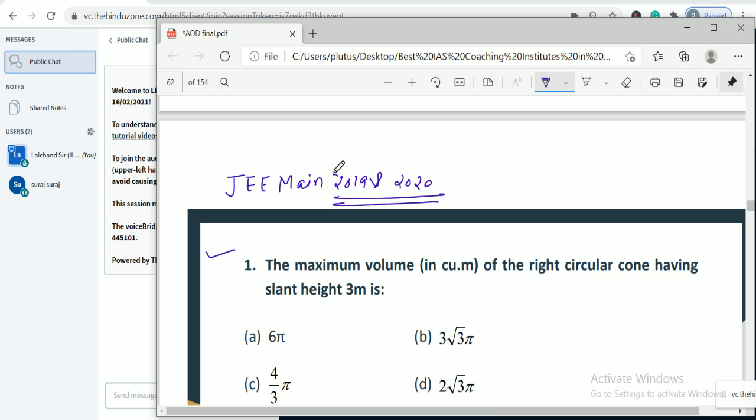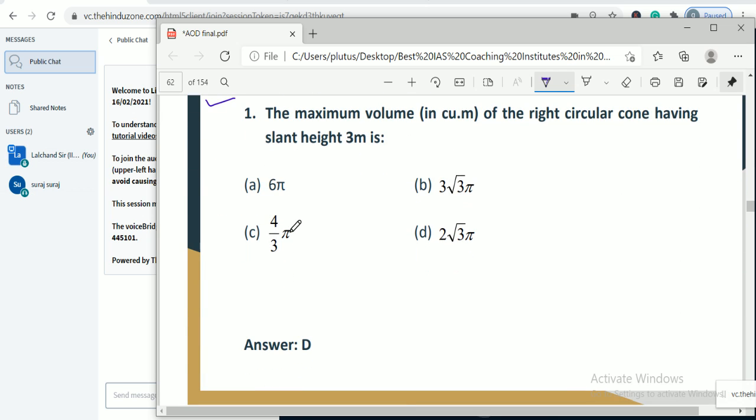The maximum volume of a right circular cone having slant height 3 meter is, you have to maximize the volume of a cone using the concept of maxima and minima. So tell me, what is the formula for volume of a cone? Let's suppose this is a cone, this is height h, and this is radius.